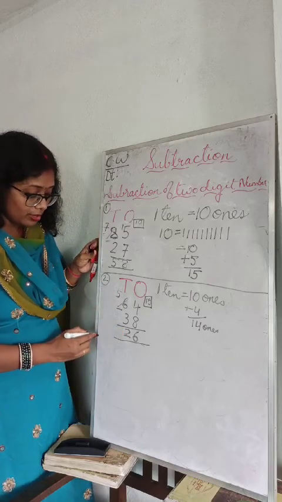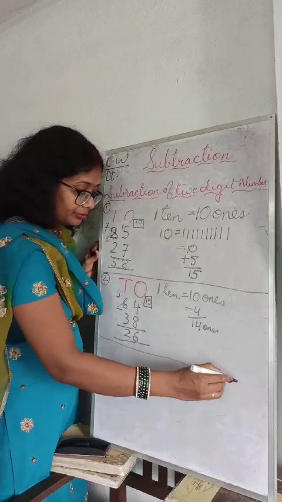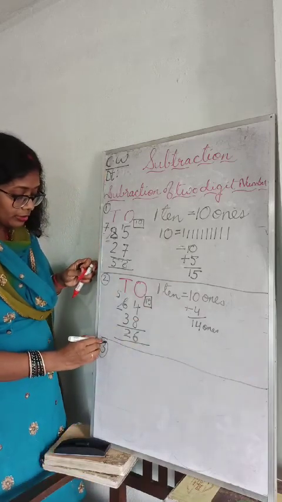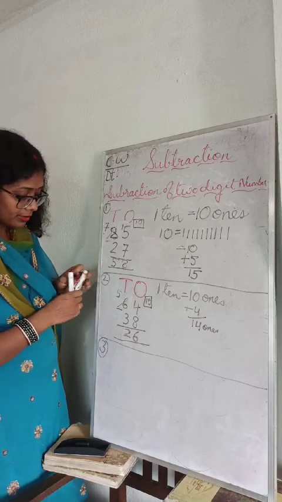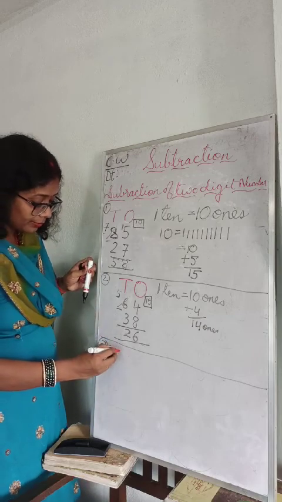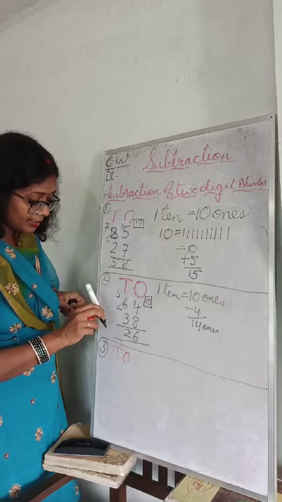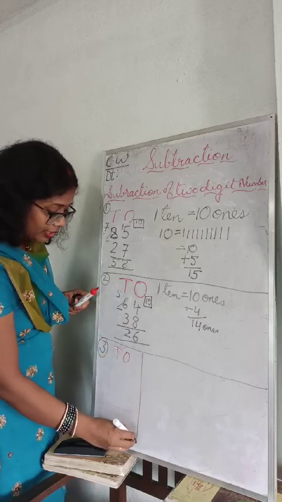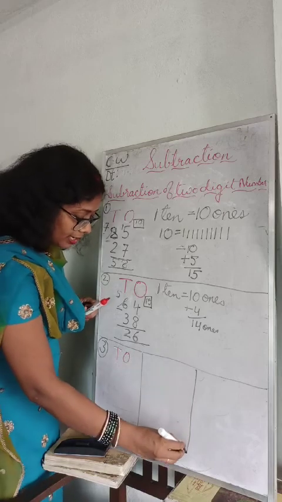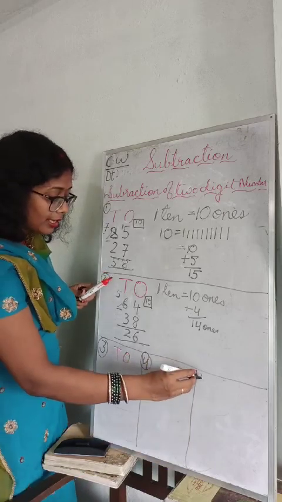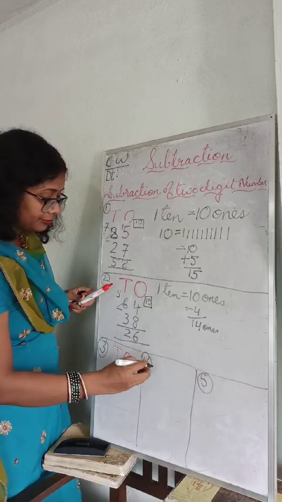So this is your second sum. And I am going to give you 3 more sums. You will solve these 3 sums, and then 3 plus 2 altogether you will have 5 sums. Sum 3, 4 and 5.